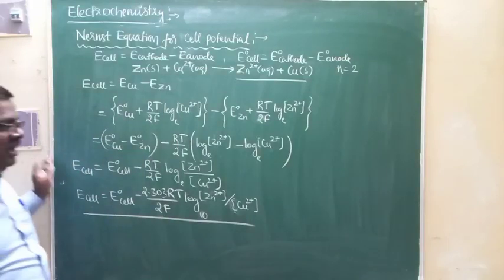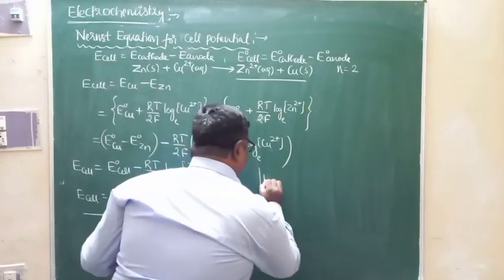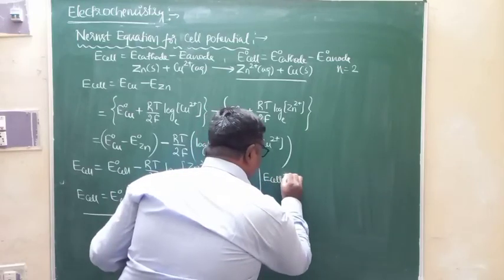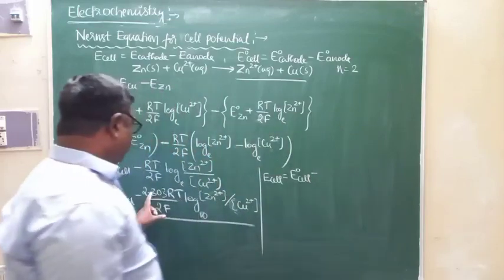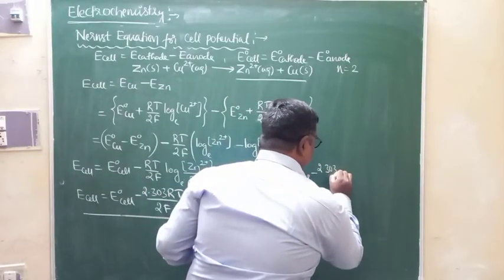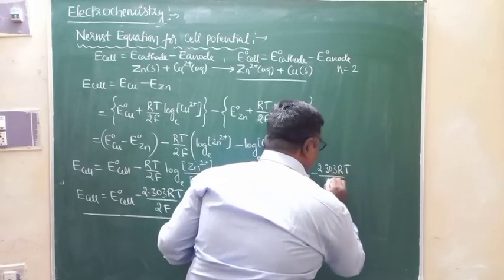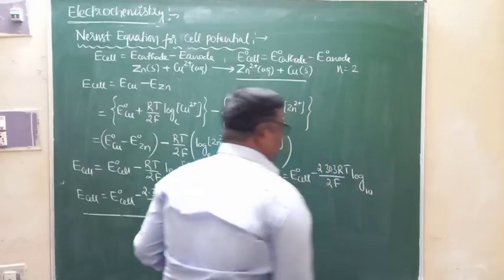Hence this expression can also be written as E of cell is equal to E naught of cell minus 2.303 RT by 2F log to the base 10 of, right?